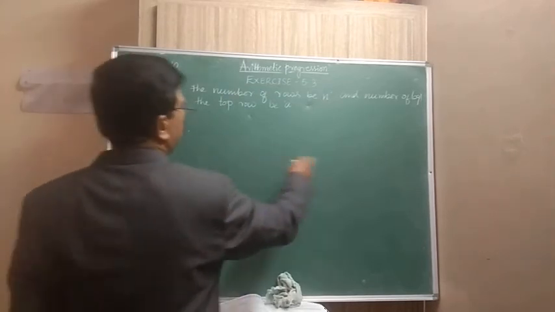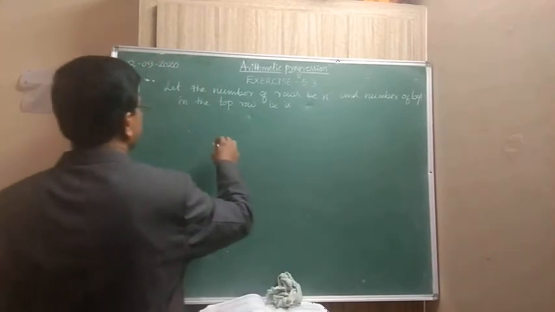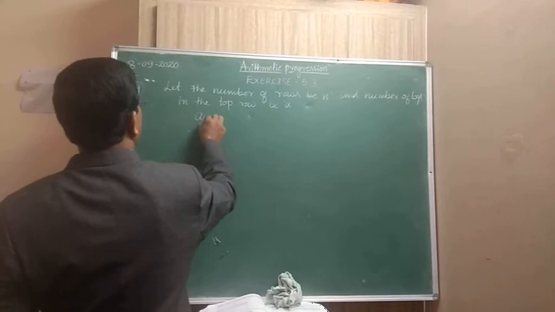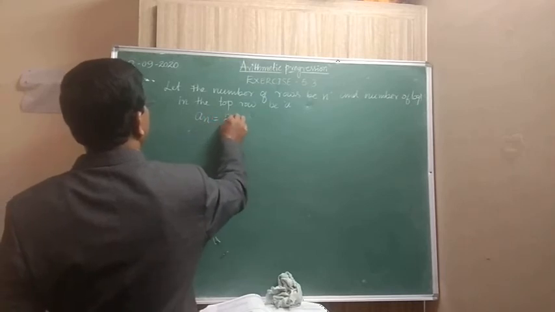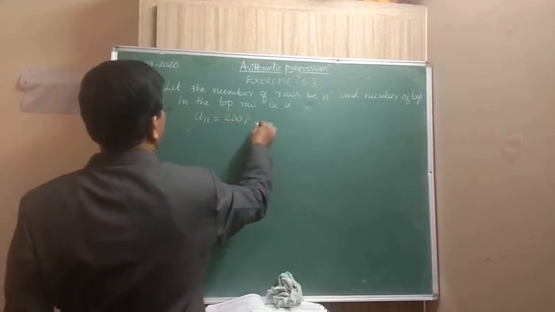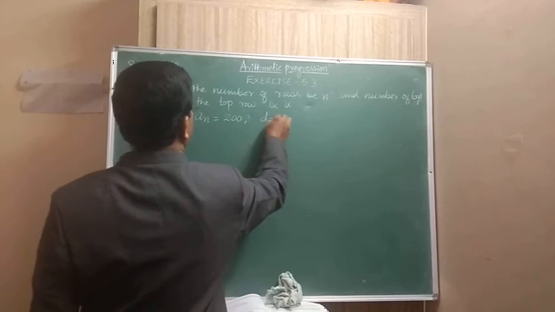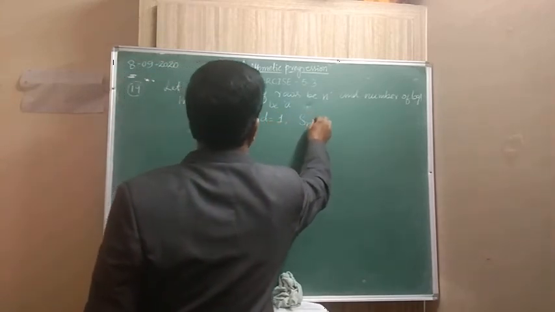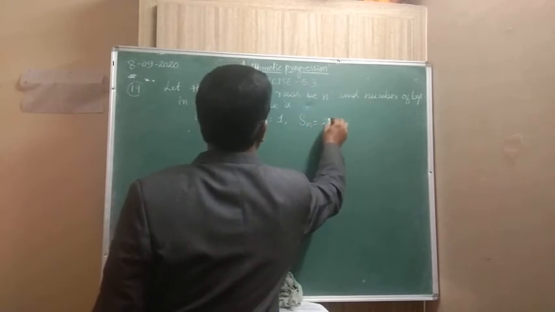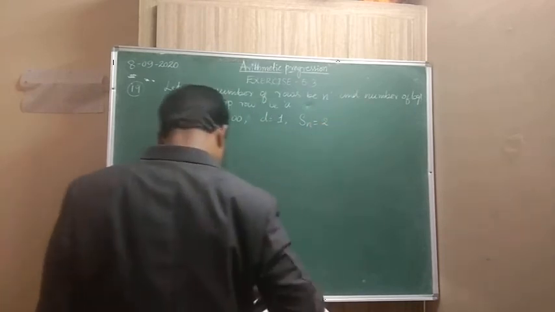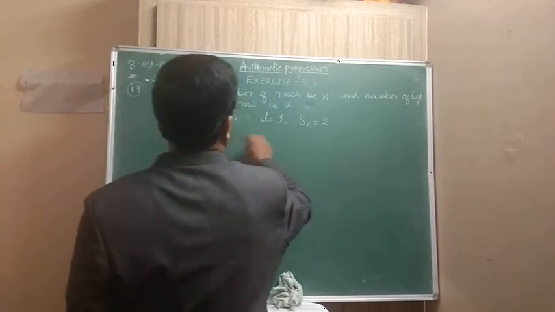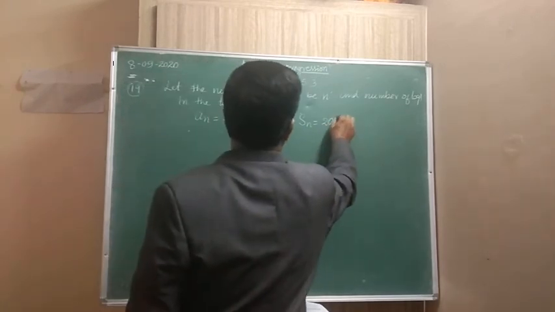Here the first row is 20, and then 19. Therefore a_n is 20, d equals minus 1, and S_n equals 200. a_n is 20. So the total number is 200.